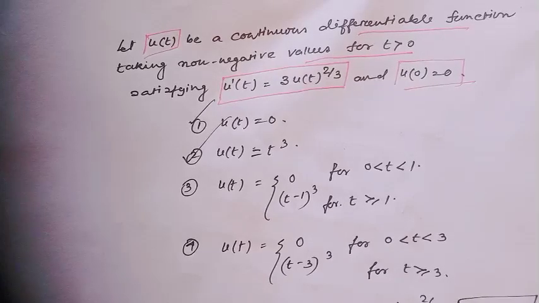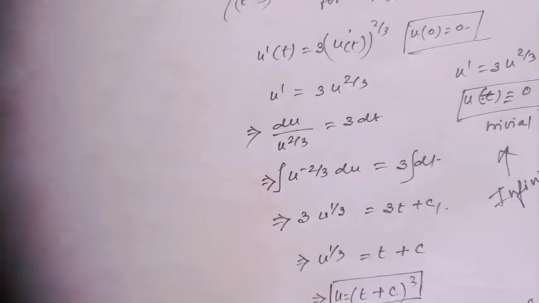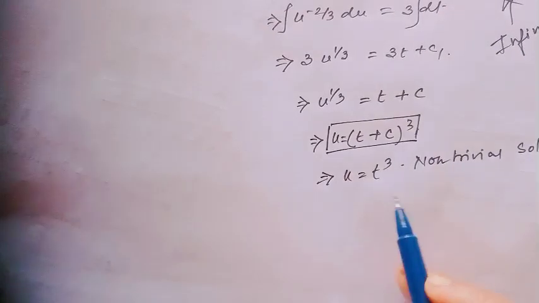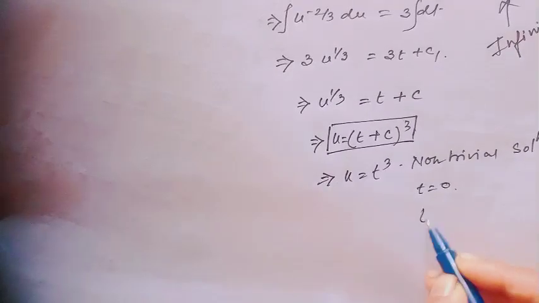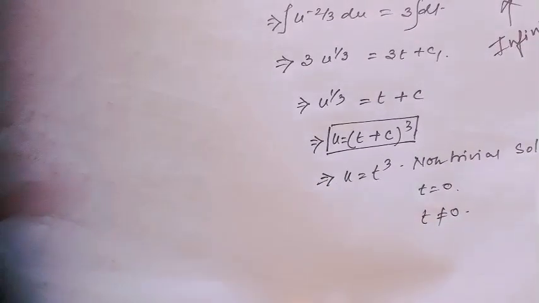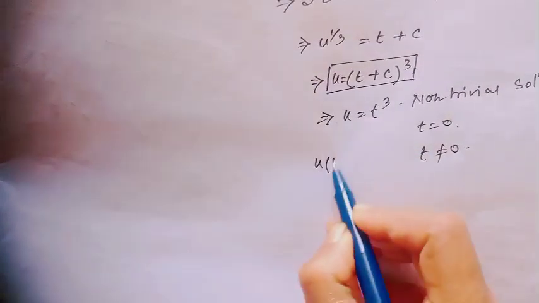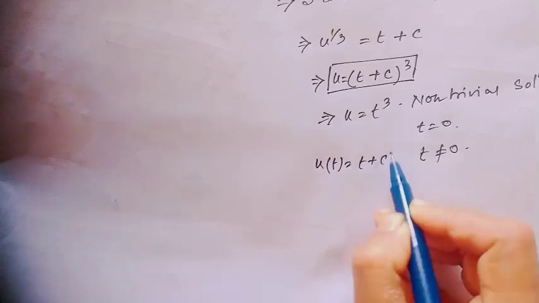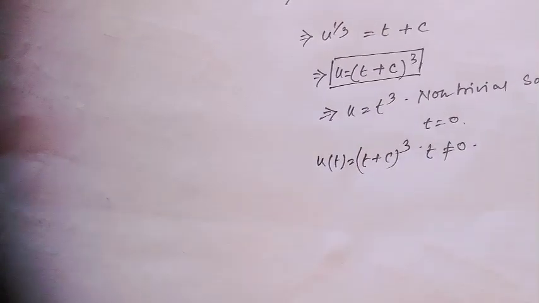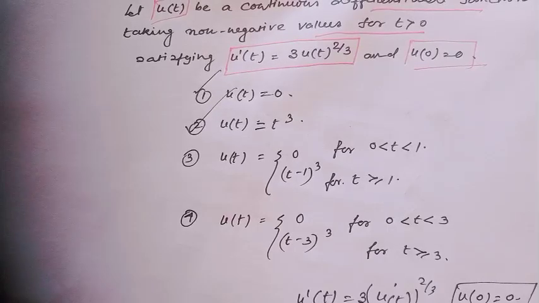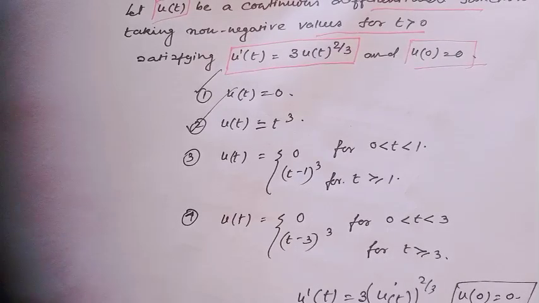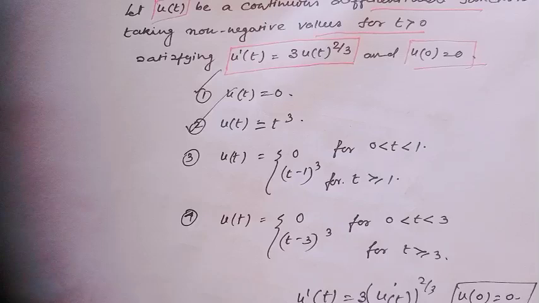And notice u(t) equal to t cube is a solution when t equal to 0. When t not equal to 0, then the solution would be of this type, u(t) equal to (t plus c) whole cube. So notice here the options, how the possible solution looks.